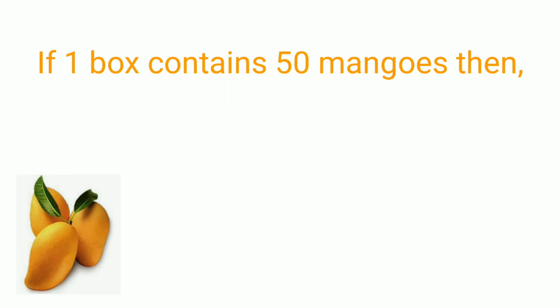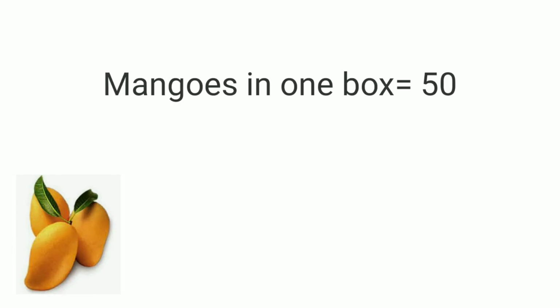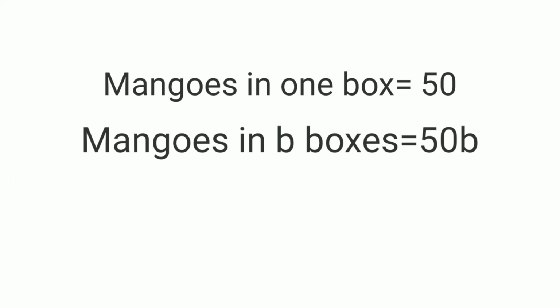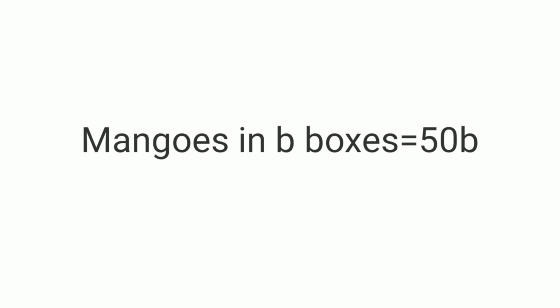Therefore, in the question, we have to use the variable B, and B boxes will have 50B mangoes. See here, 50 and B. It is written as 50B and no multiplication sign is put in between 50 and B. It is understood that B is multiplied with 50. But in other expressions of addition, subtraction and division, we have to put the symbols also.